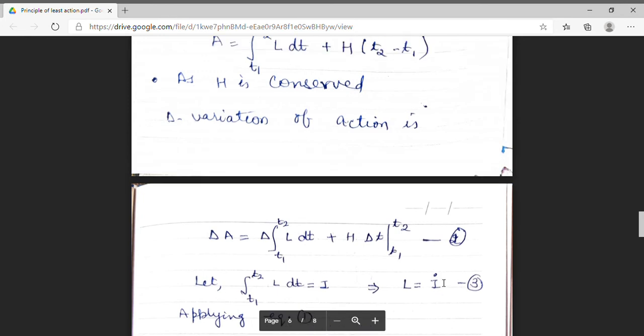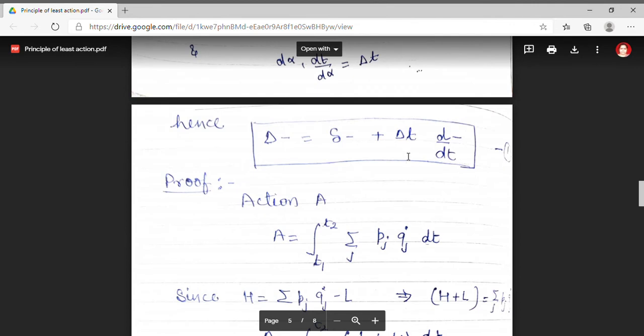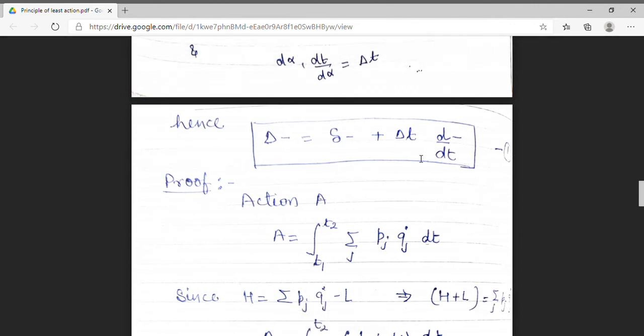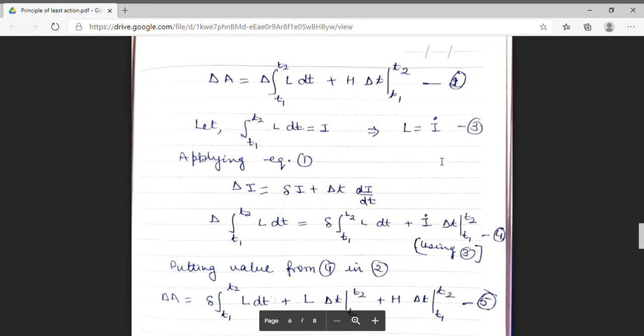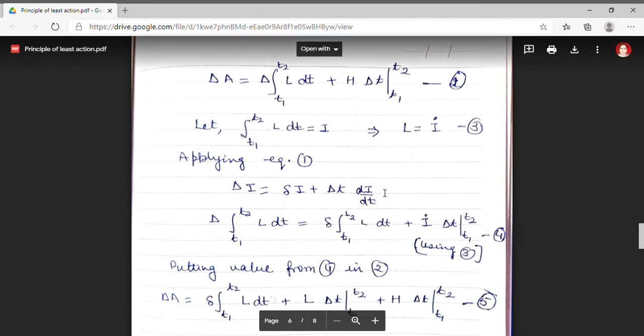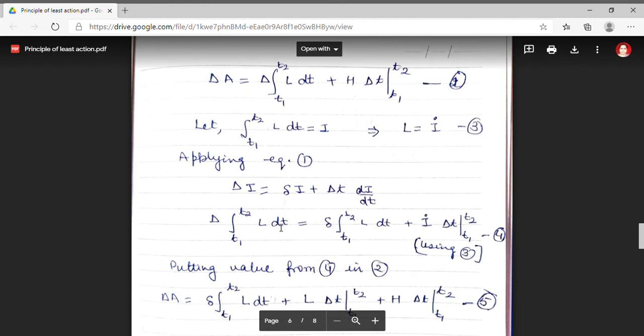Hence, using the first equation, which is Δ equal to δ plus δt d/dt, I am applying this parameter on my function I. This is the required equation. Now I am putting the value of I. I have assumed I to be the integral of L dt, plus Δ.